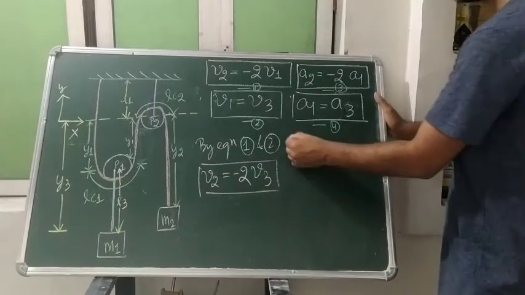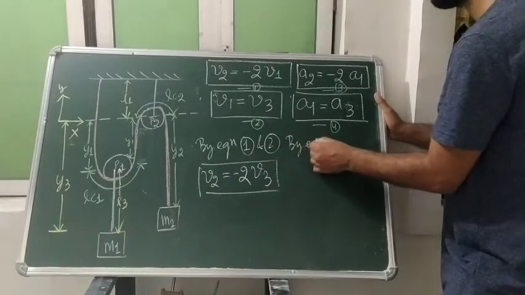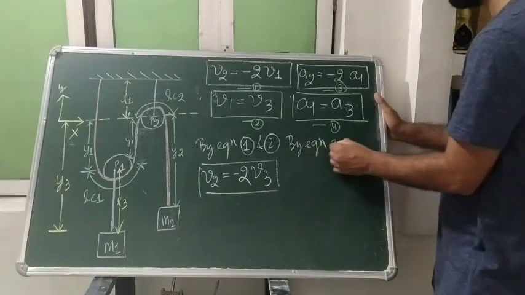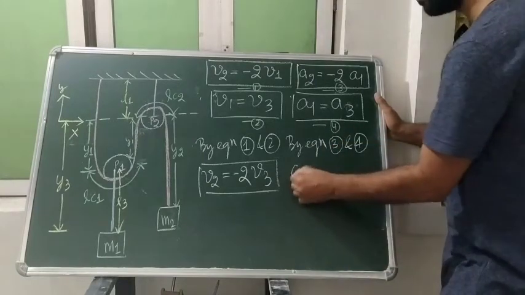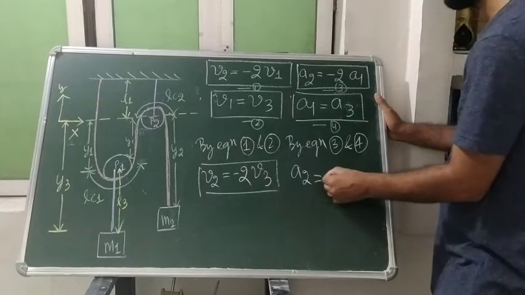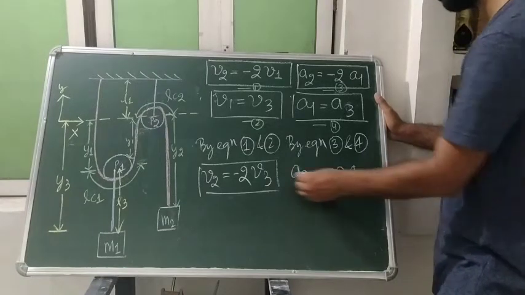And by equations 3 and 4, what can you say? That your A2 will be what? Minus twice A3.